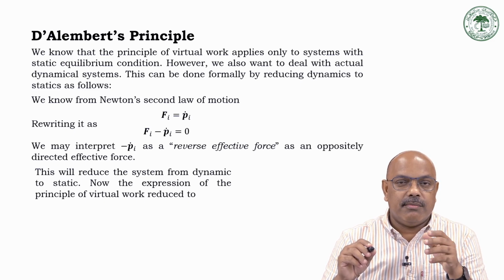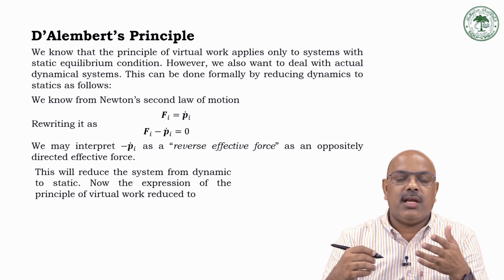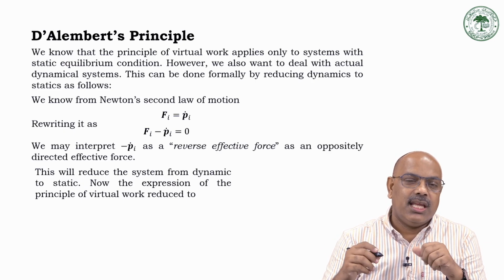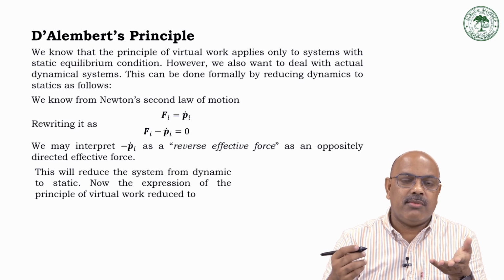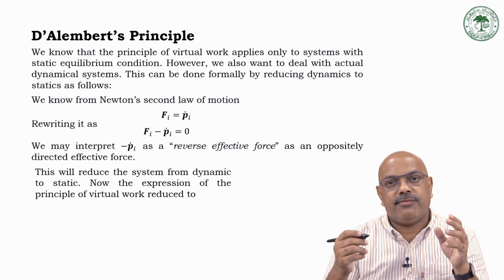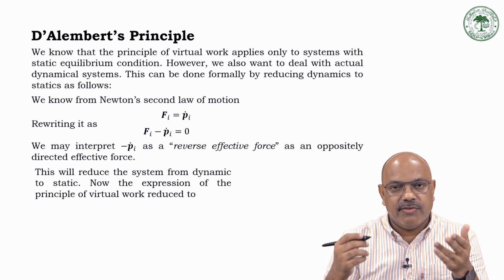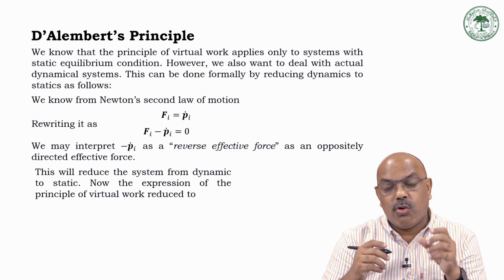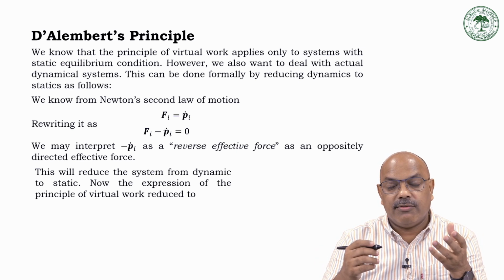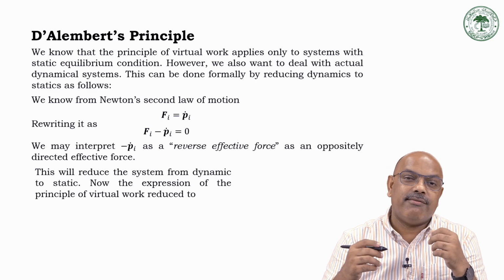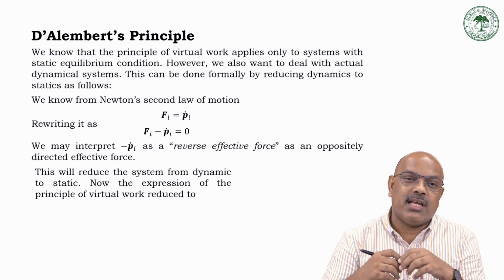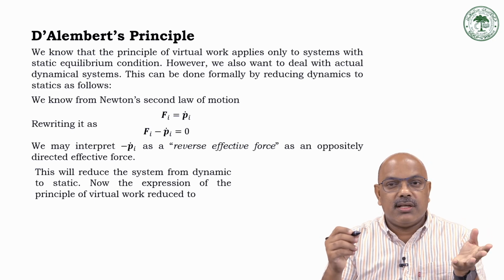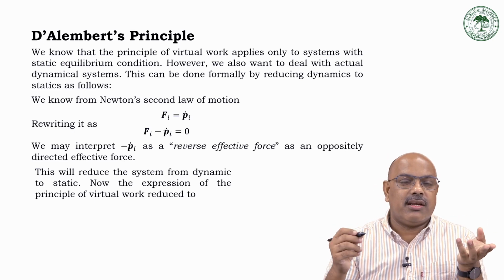But we want something true for dynamic equilibrium, where forces are acting and the system is in motion with uniform velocity, basically with no acceleration. So we want the dynamic equilibrium for the system. For that we have the principle known as D'Alembert's principle. The principle of virtual work applies to systems in a static condition.